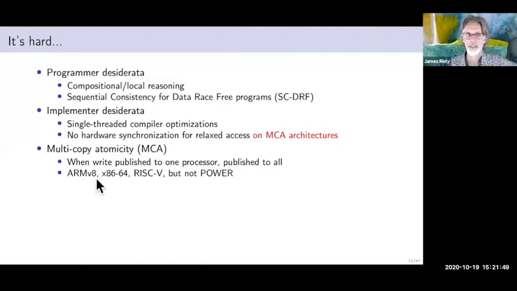So ARM has recently adopted them, so has RISC. So all of the major players, except Power, are adopting this model. And the advantage here is that we can simplify how we think about our model by using a single order. The use of a single order is supported in hardware.